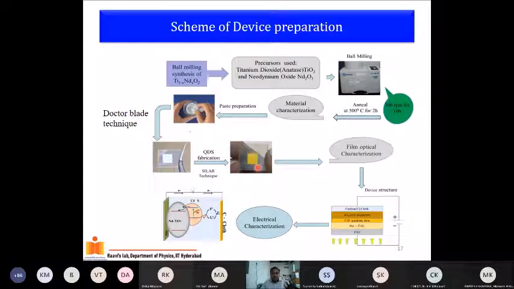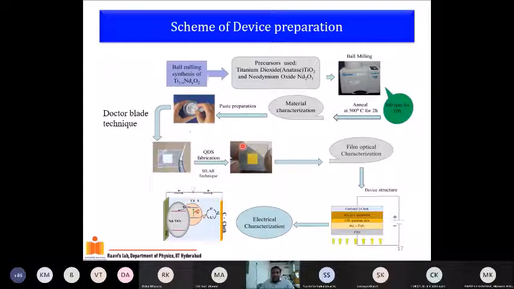Then you put quantum dots for a quantum dot solar cell, or you deposit dye by putting it in the dye solution and washing it after 24 hours. So the idea is the same. I thought we'd show you a simple flow chart to see how it goes. An important aspect about making the film and this paste is that you should have an annealing temperature of at least 200 degrees, and once you anneal, you should work properly.